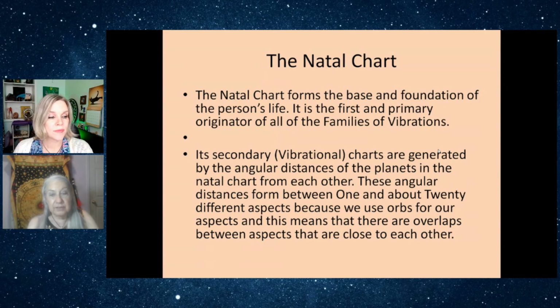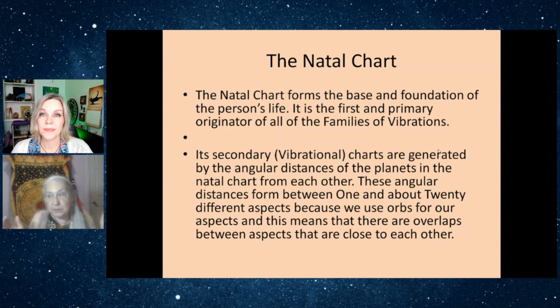The secondary charts, the vibrational charts, are all generated from the natal chart. They are generated by the angular distances between the planets in the natal chart.